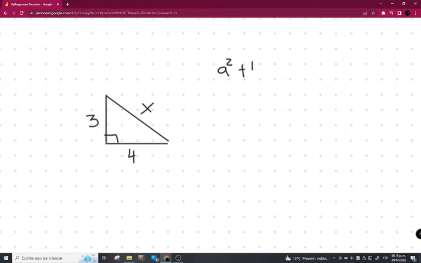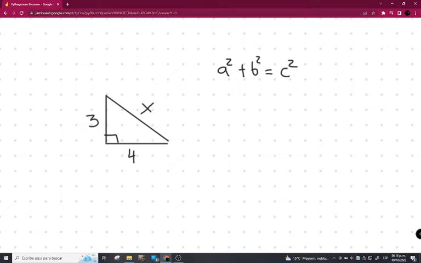A squared plus b squared equals c squared. Remember, A and B are the legs. One little important thing: it doesn't matter in which order we name the two legs.